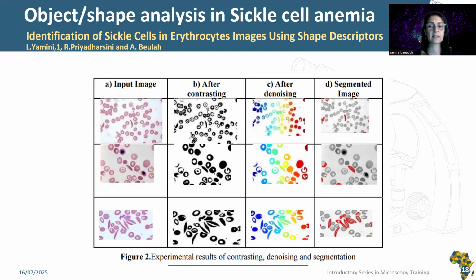To detect the sickle cells properly in the blood smear image, the image is converted here into a binary image in order to find the boundaries of the cells.